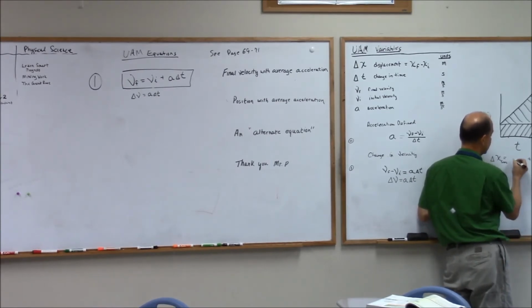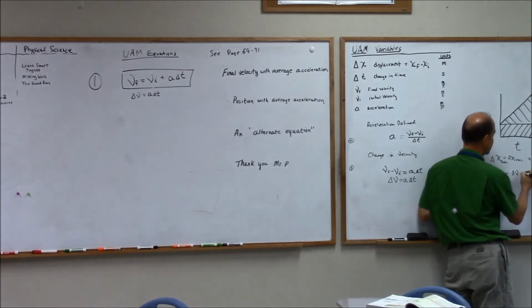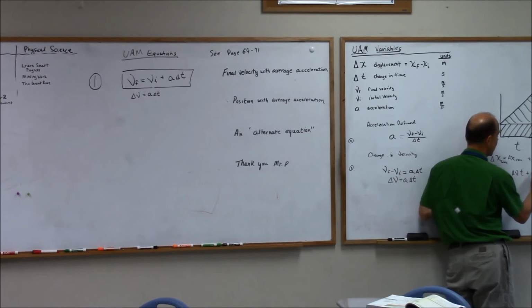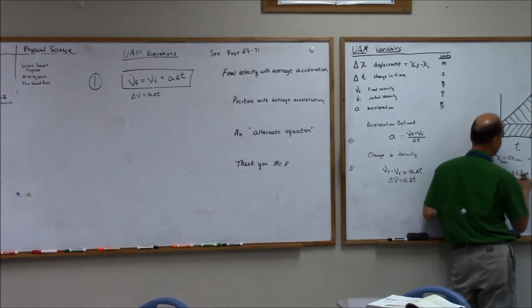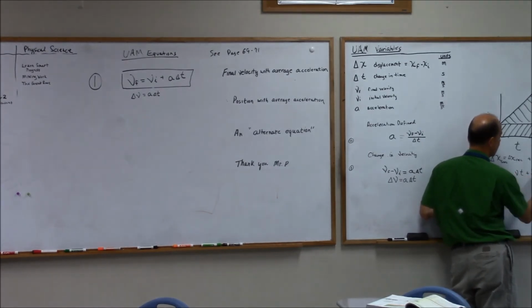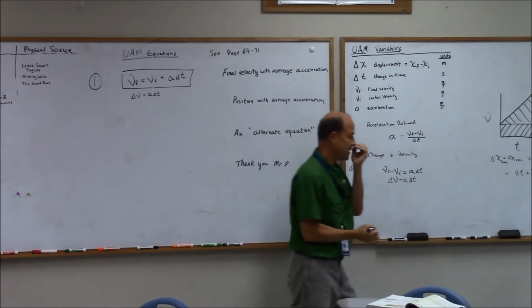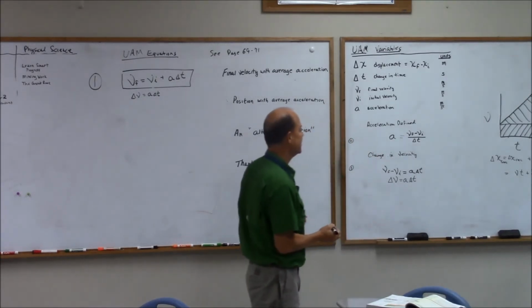Delta x rectangle was equal to the initial velocity times time. And then the triangle was 1/2 the change in velocity times t.